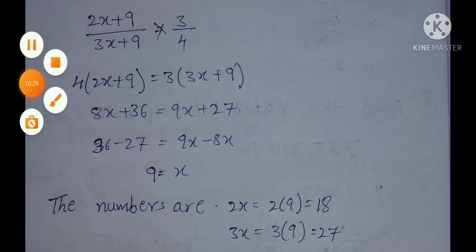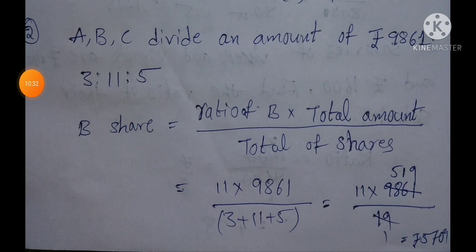Next, A, B and C divide an amount of 9861 amongst themselves in the ratio of 3:11:5 respectively. What is B's share in the amount? When we are going to find the shares, we need to remember one thing, sir.